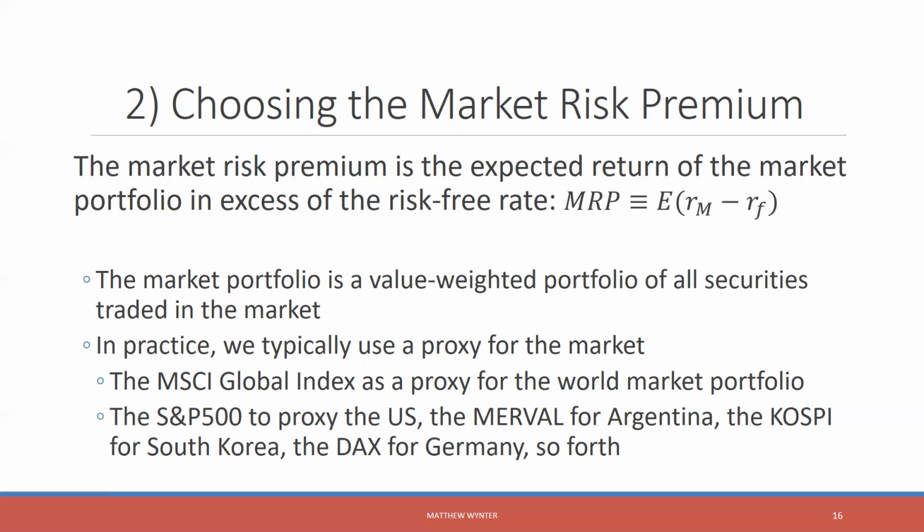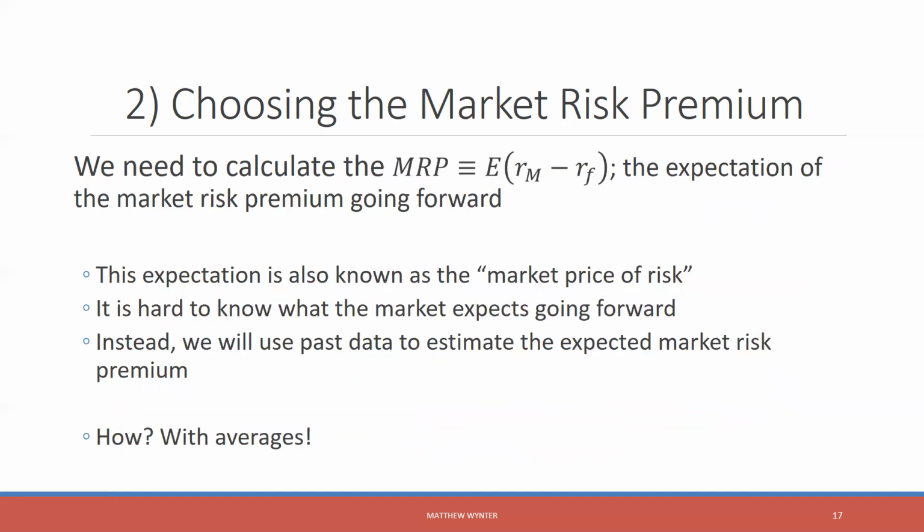Why is that important? That's important because hopefully you're starting to get a sense that there's some tension between how we can raise capital globally versus how we can raise capital locally because of this market segmentation. So let's get deeper into our market risk premium. We need to calculate the expectation of the market going forward.